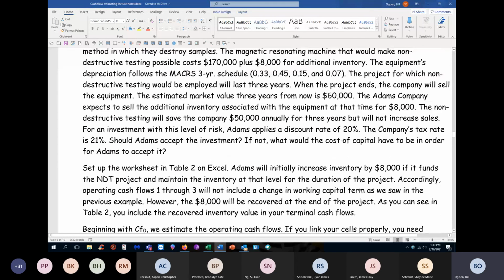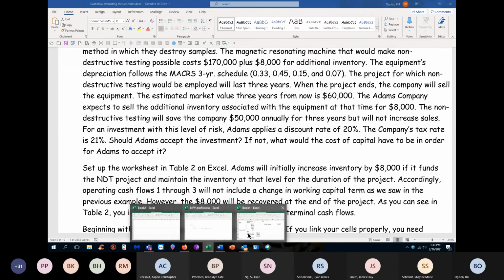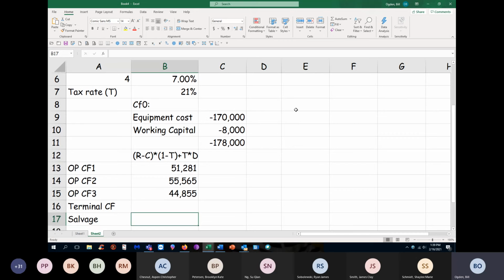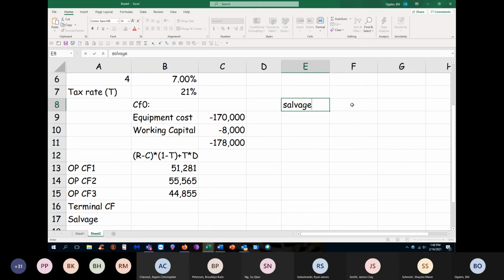Okay, that would be $60,000. Okay, so maybe I'll put this up out here somewhere. Oh, crap. Oops. 60,000. Okay, so our salvage is 60,000.